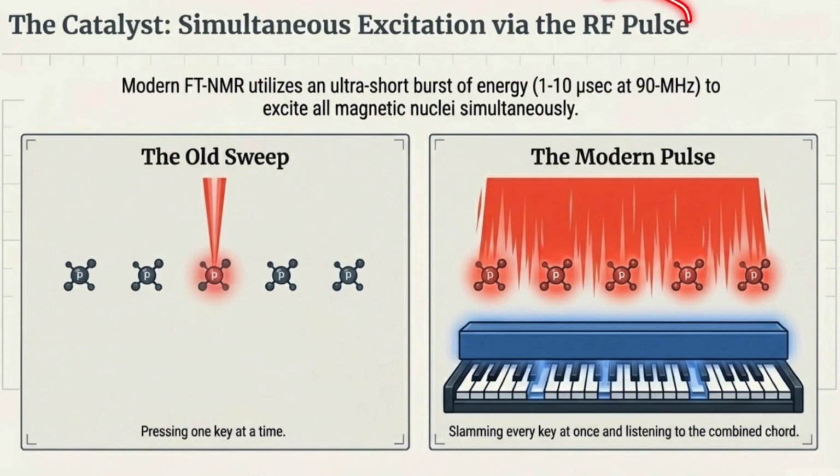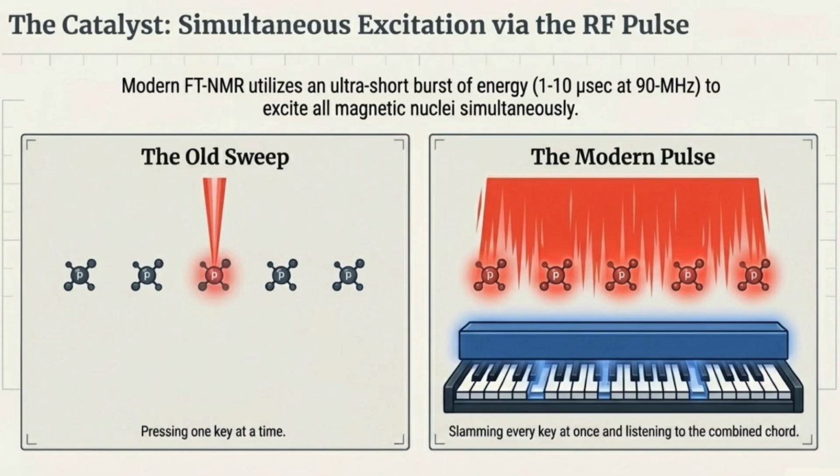However, the radio frequency pulse is the way in which all the protons are excited simultaneously. This happens when the FT-NMR instrument strikes an ultra short burst of energy, focused around 90 megahertz, for 1 to 10 microseconds. This short burst of energy is enough to excite all the magnetic nuclei present in a molecule.